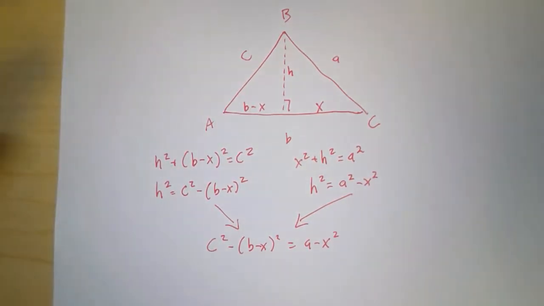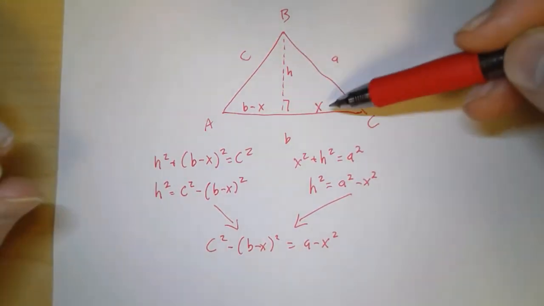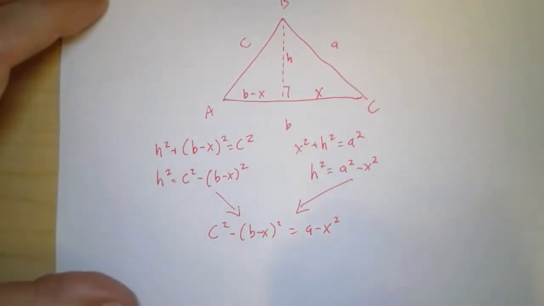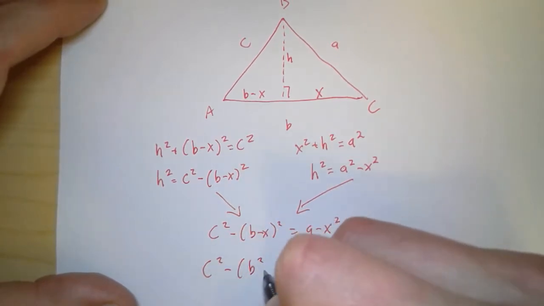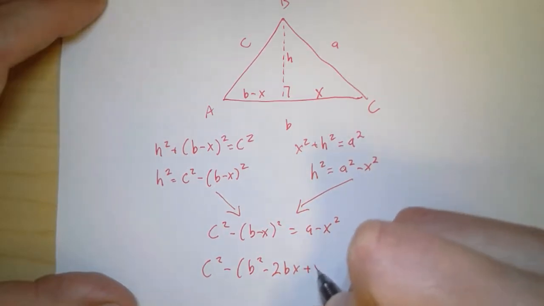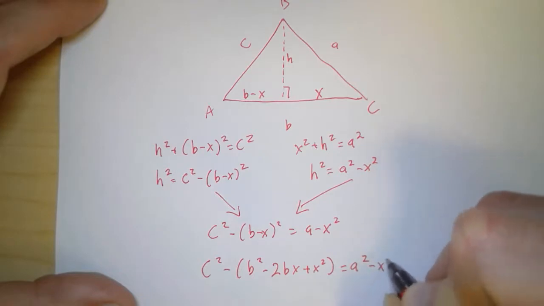Now what we're going for is some kind of formula that uses a, b, and c. x we don't know, so we need to somehow get rid of x. So I'm going to expand this out. So we have b squared minus 2bx plus x squared, equals a squared minus x squared.